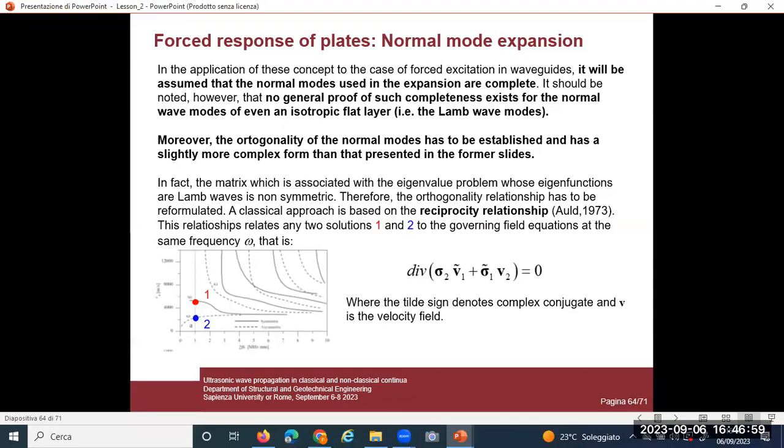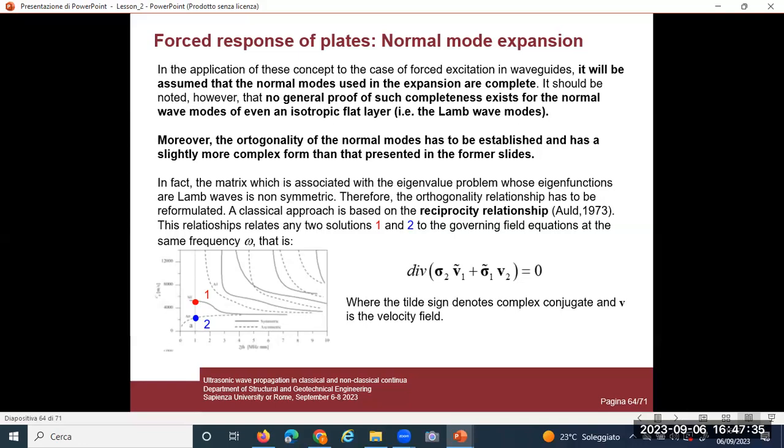They instead satisfy this other relationship, which is called the reciprocity condition, and which derives from the relationship between two solutions, which are called here V1 and V2 in terms of velocity or displacement. Two solutions that exist at the same frequency.